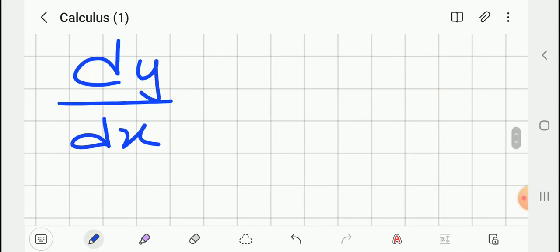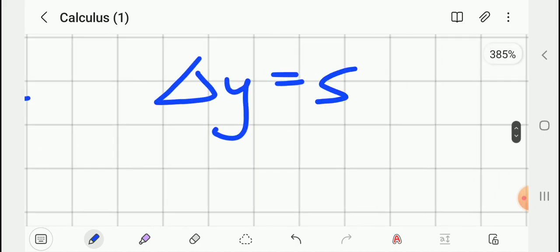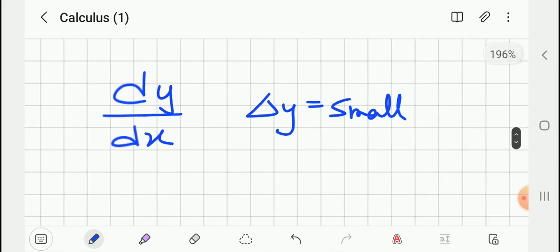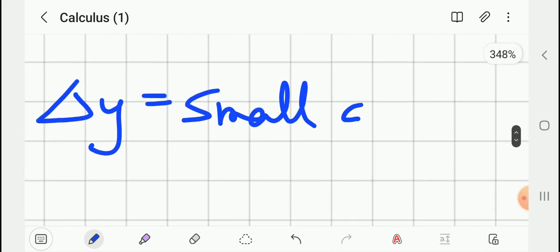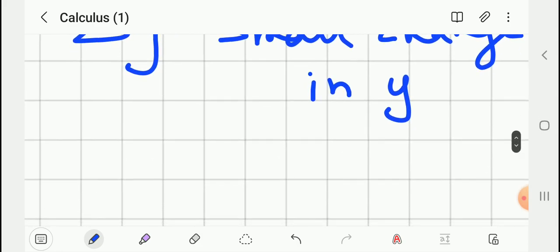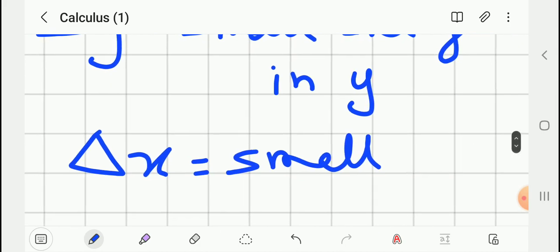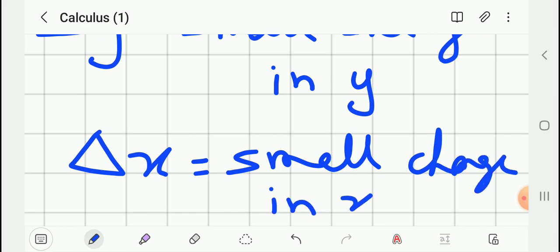We all know that delta y means small change in y, and delta x means small change in x.